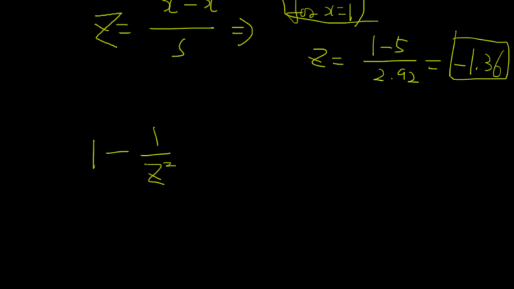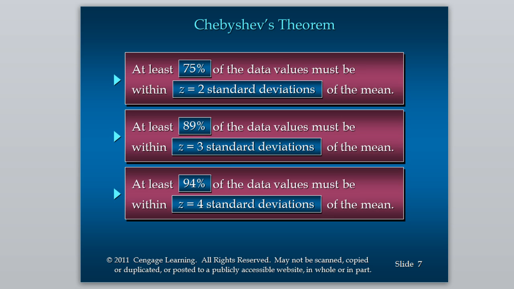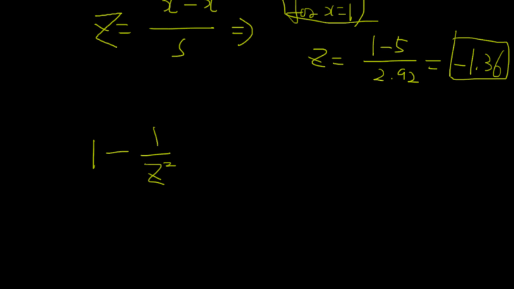So if we go back to the PowerPoint slide, that's the formula that I just wrote. And this next slide says 75% of any data must be within z equal 2 standard deviations of the mean. So where do they get this 75%?